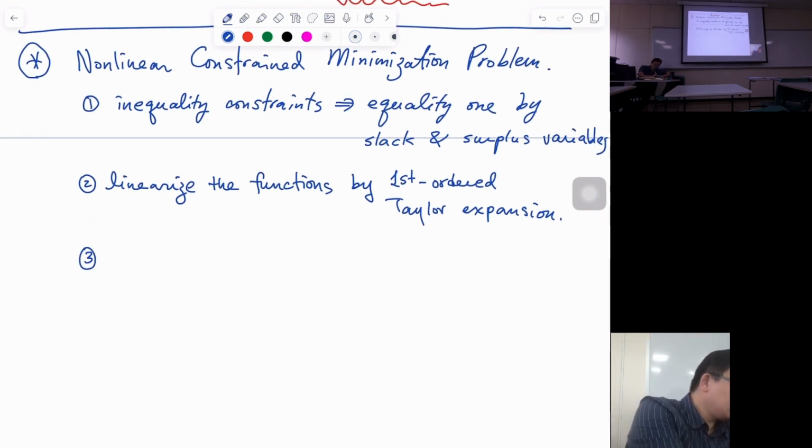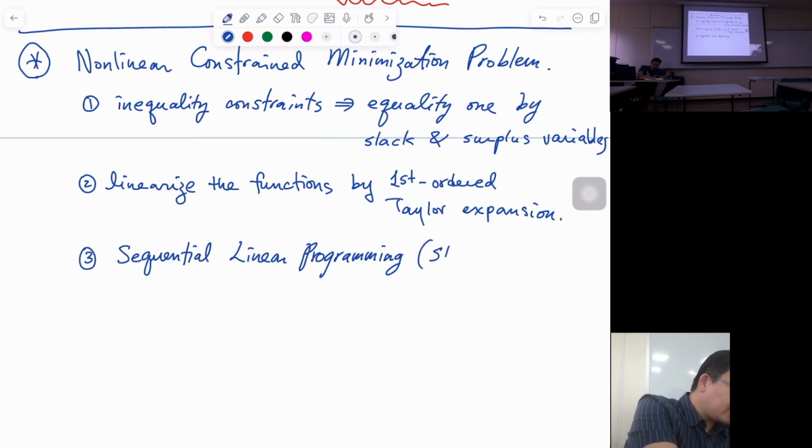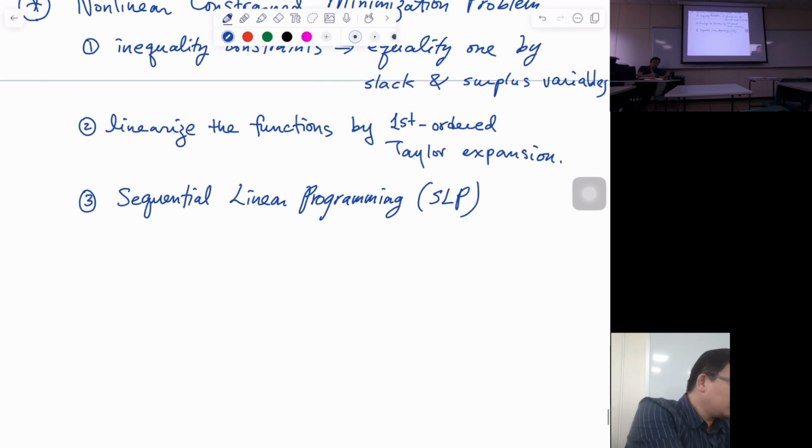So there's an approach called sequential linear programming, so-called the SLP. What does sequential linear programming do? First, they linearize the problem. Then they perform linear programming. And they will check convergence.